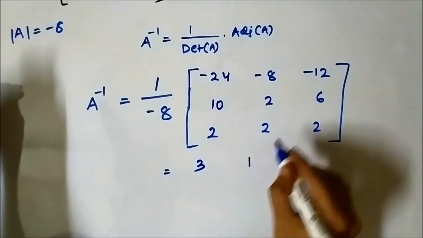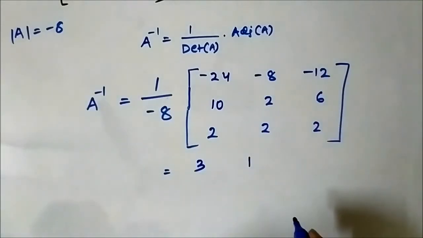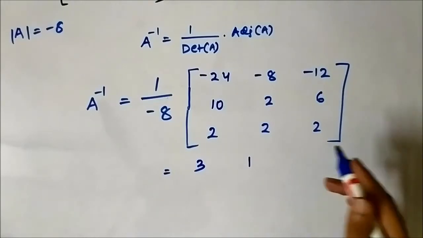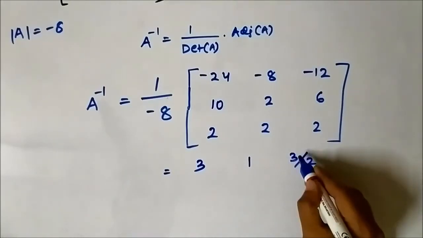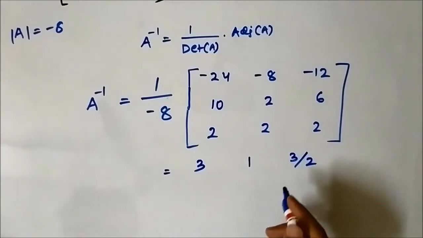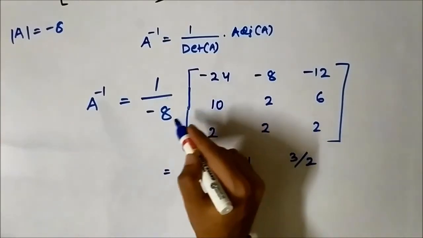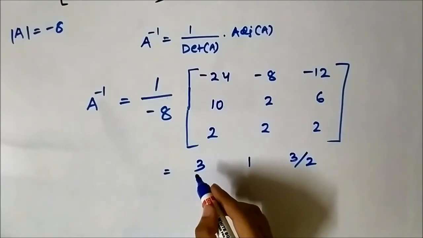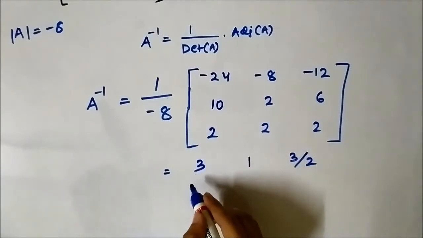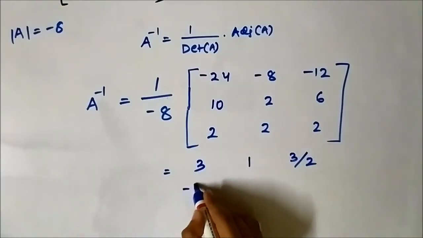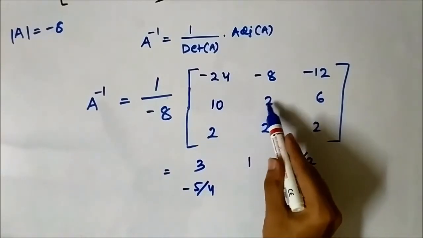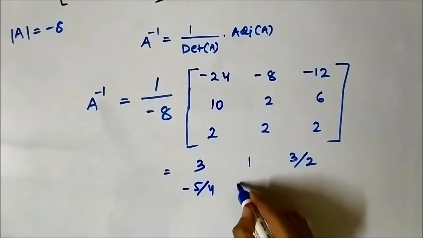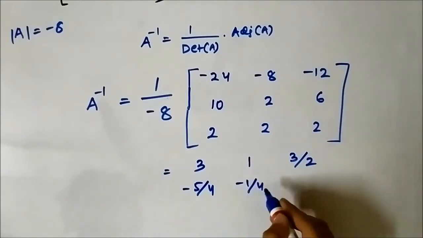minus 8 by minus 8, which is 1, minus 12 by minus 8, which, if we cancel by 4, will be 3 by 2. Then 10 by minus 8, if we cancel by 2, becomes minus 5 by 4. Then 2 by minus 8, which is minus 1 by 4.